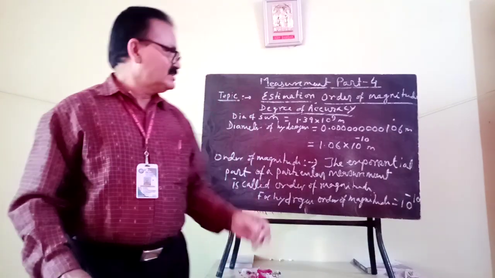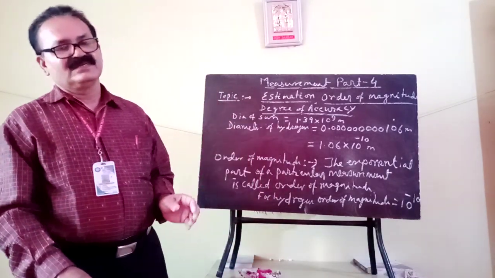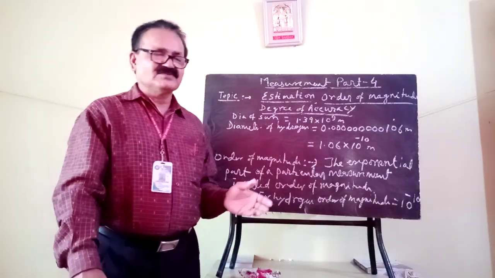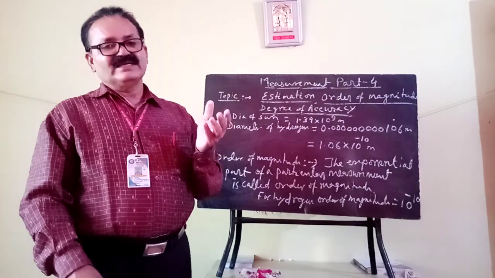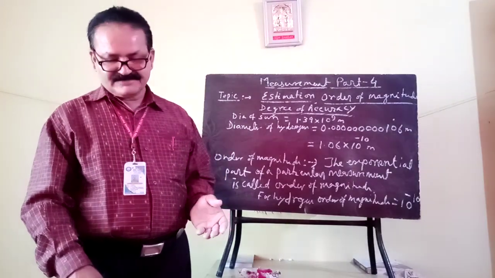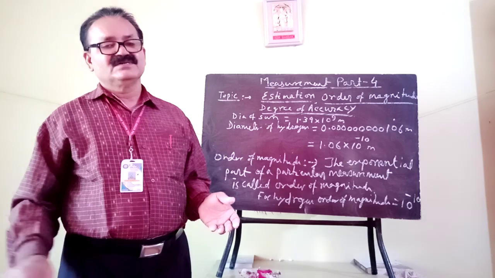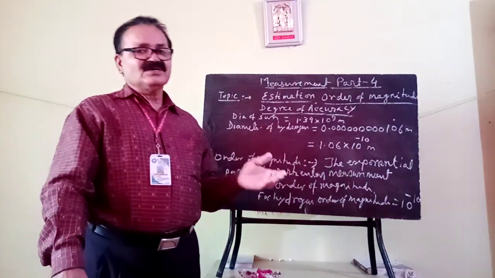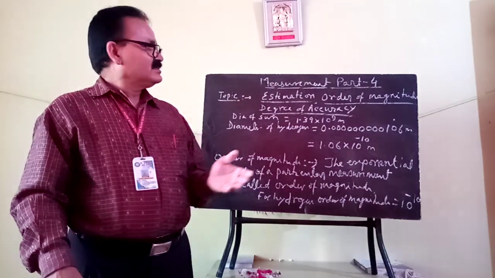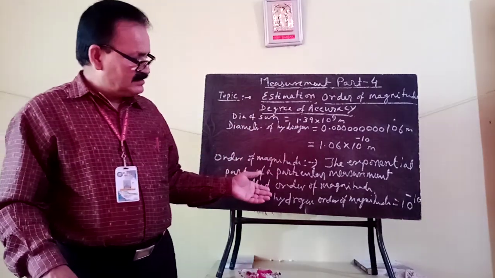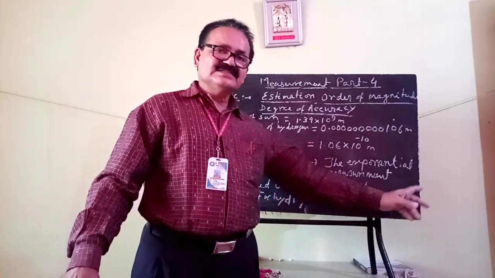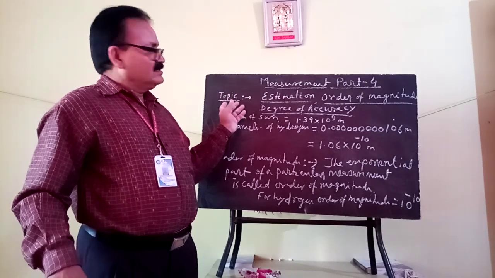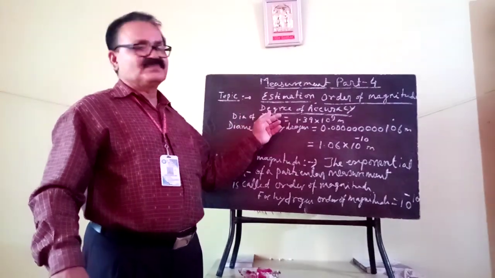Now we will discuss the degree of accuracy. What do you mean by the term degree of accuracy? It means how far we can measure a physical quantity without any error or ambiguity. So if the exponential part is in negative value, you can say that the degree of accuracy is greater.